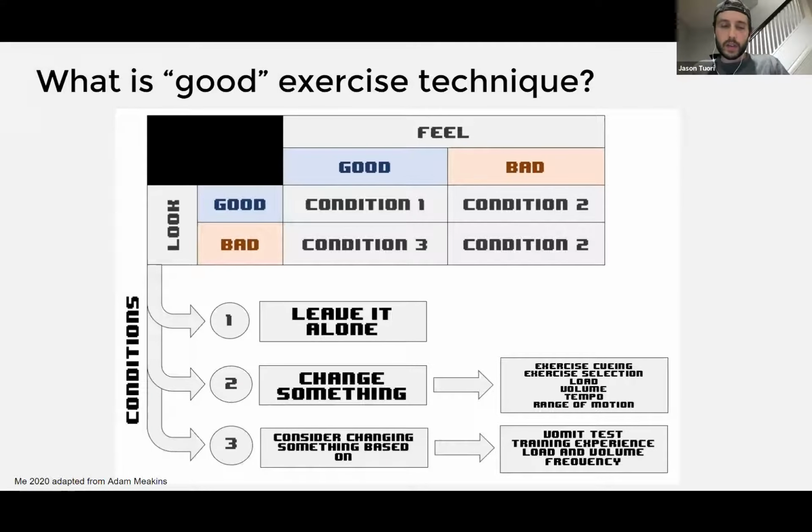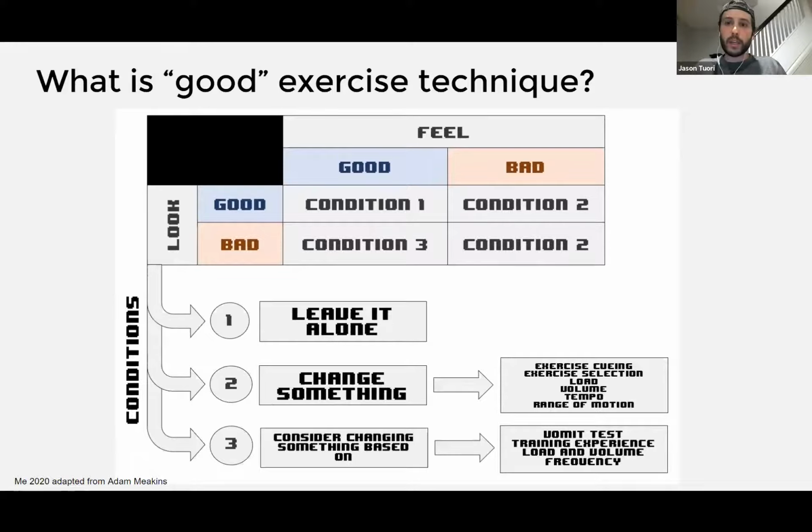And so to dive into this a little bit, if something feels good and it looks good, then clearly you've picked it right. You got a good exercise, you dosed it well, leave it alone. If something feels bad, we're always going to change it. And changing it doesn't necessarily mean we're going to just totally jump onto the next exercise.